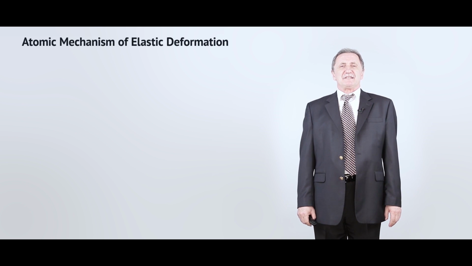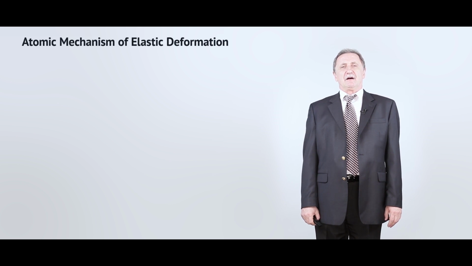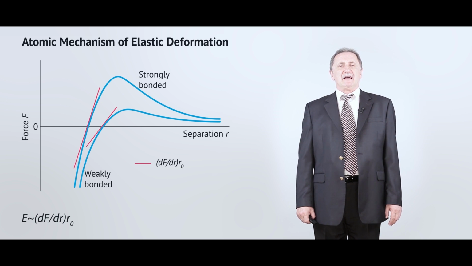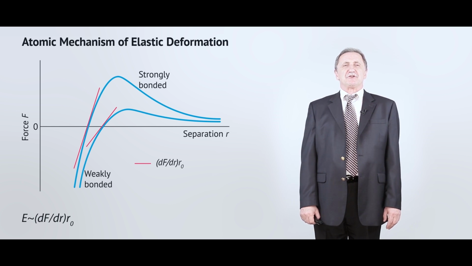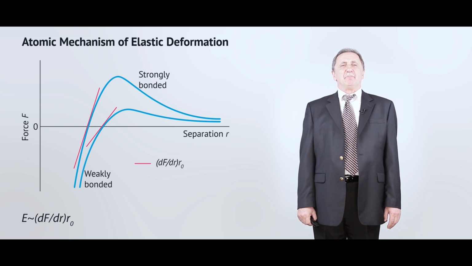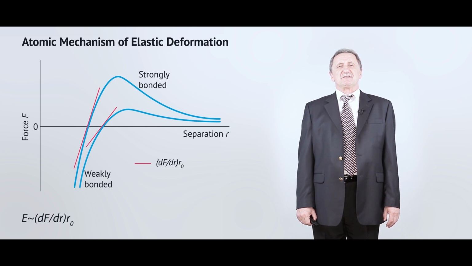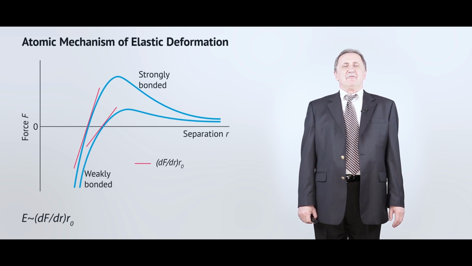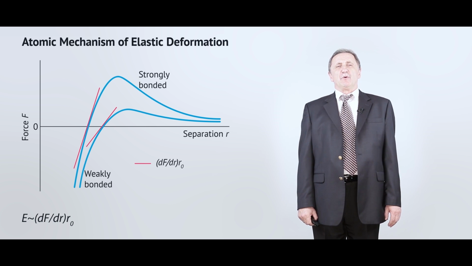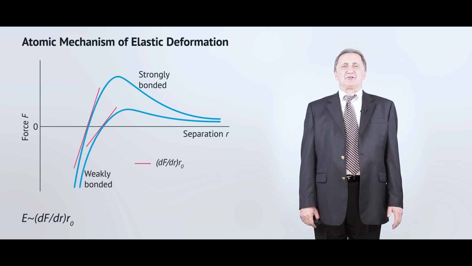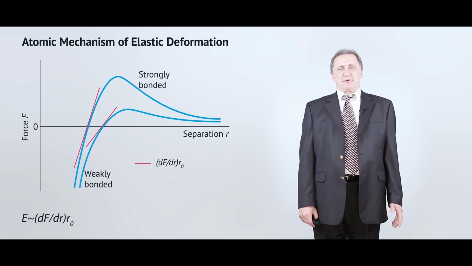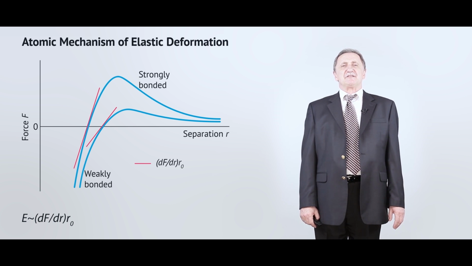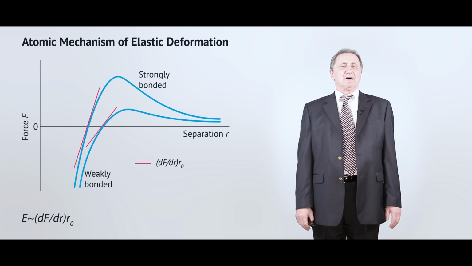Now, in order to understand the real relation between the elastic modulus and the atomic level of structure, we have to come back to the force-distance diagram. On this screen, you can see this diagram for two different materials: the weaker material, the lower one, and the stronger material, the upper one. If you remember, the intersection between these curves and the x-axis corresponds to the equilibrium distance R0 between the atoms.